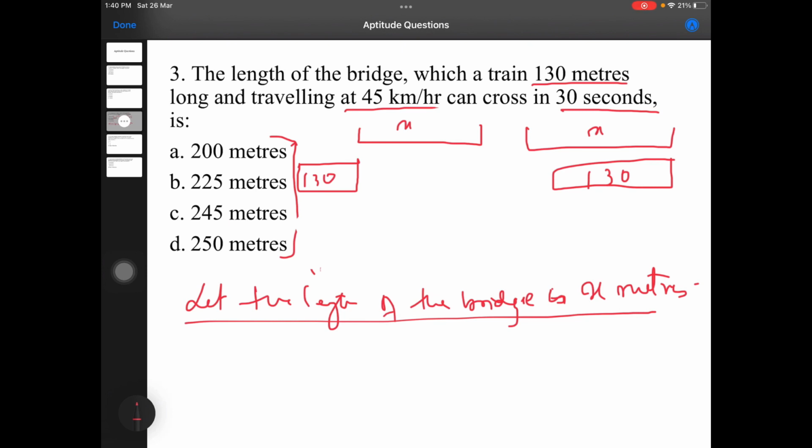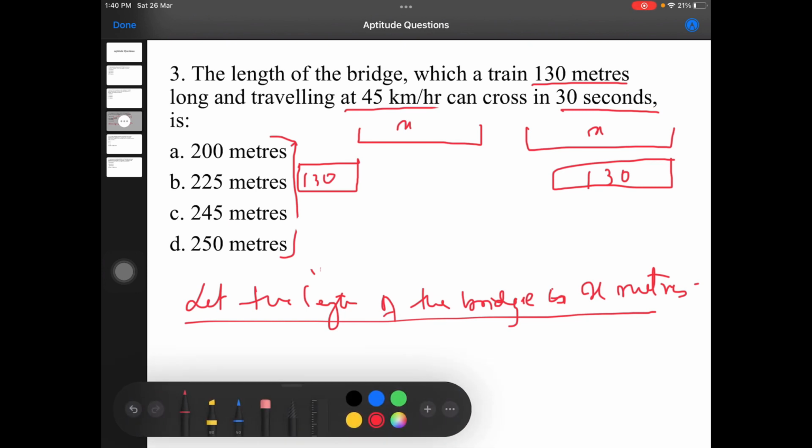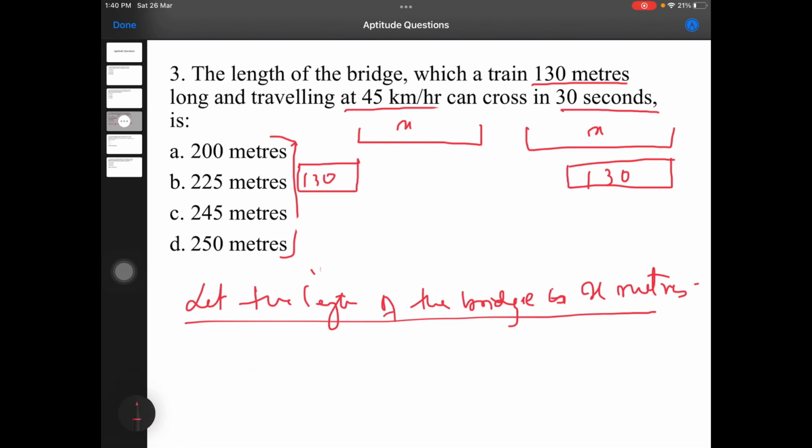This is our second scenario, and our third scenario, this is our bridge of length x meter and this is a train of length 130 meter. So we have to understand this.